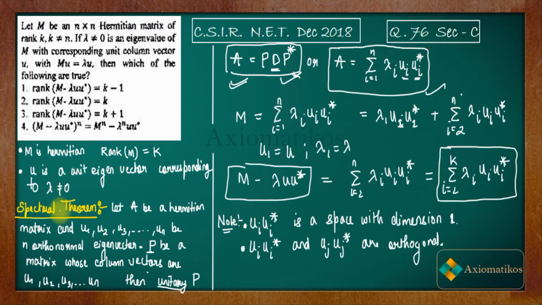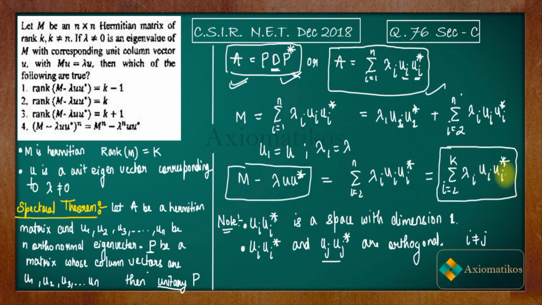If you have studied spectral theorem or you have done the proof of it, then you must have seen that the span of ui is actually a space with dimension 1, and the span of ui will be orthogonal to the span of uj provided that i is not equal to j. It means that the span of u1 is orthogonal to the span of u2. Are you getting my point?